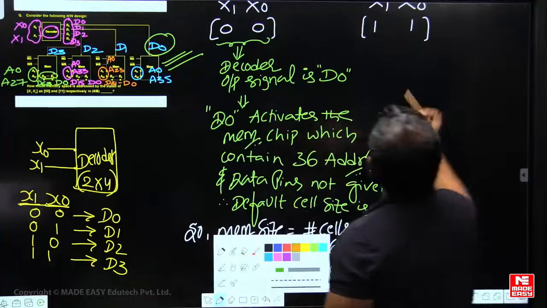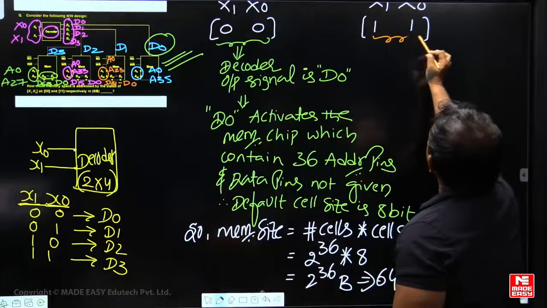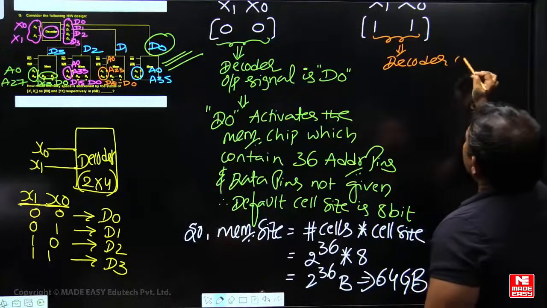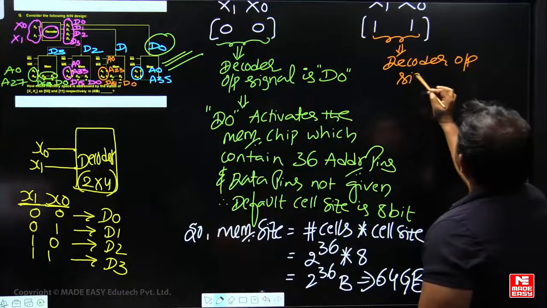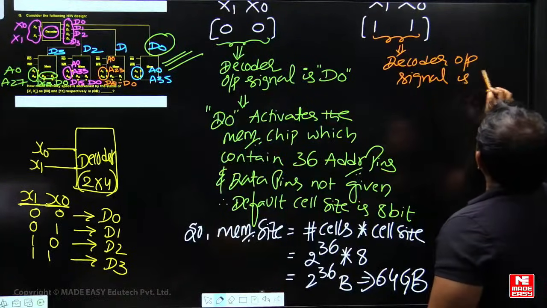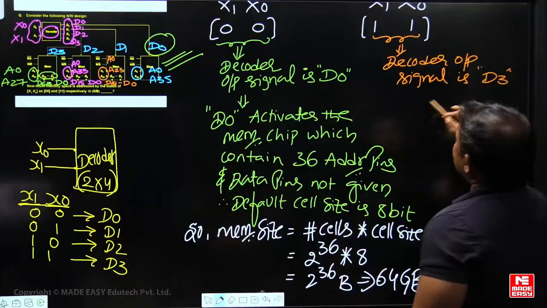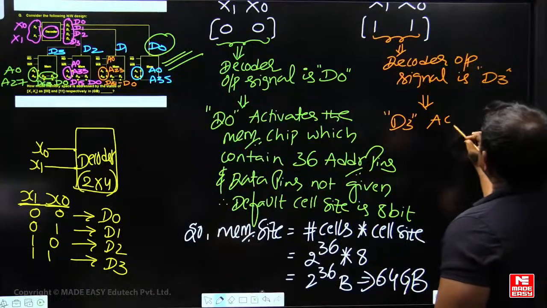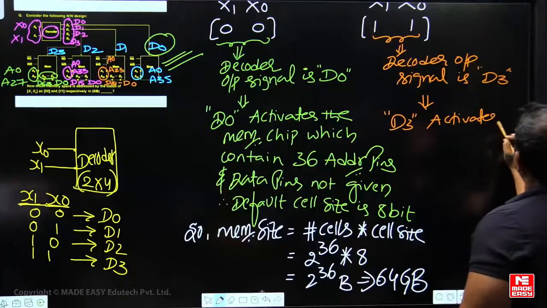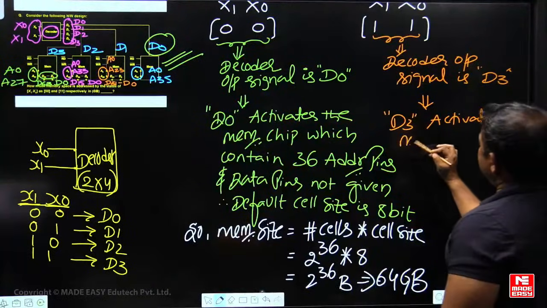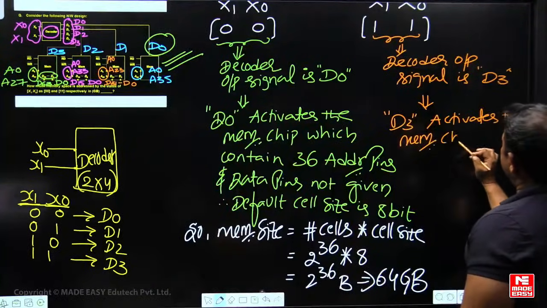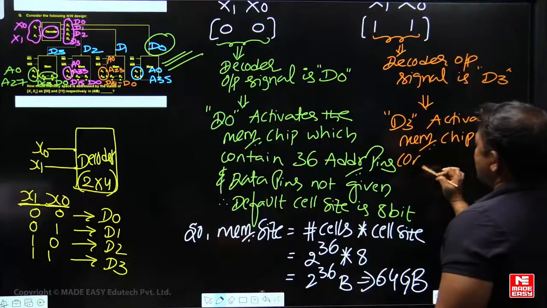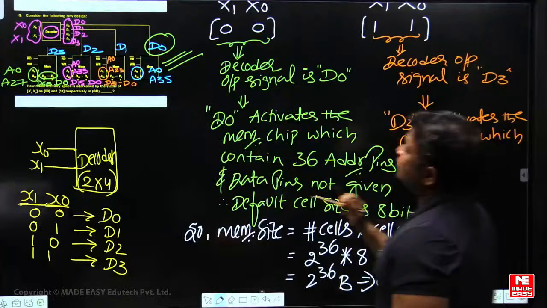Similarly, here, this is 1, 1. When it is 1, 1, decoder output signal is D3. Okay. So, D3 signal may activate memory chip which contain how many?